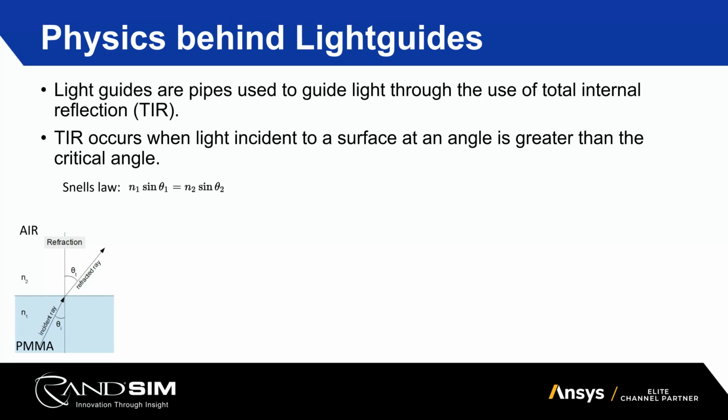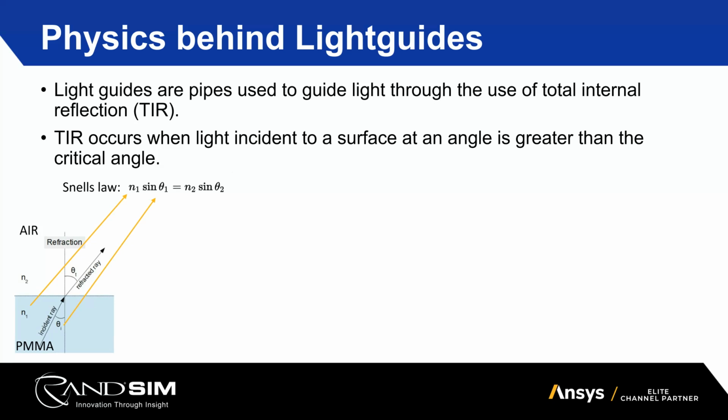As light is going through the PMMA, once it hits the air, it's going to refract at a certain angle. Now, here is what I was just describing. If we start at an incident angle and we keep that with the first material, which in this case is going to be 1.49, we're going to see that in just a second.